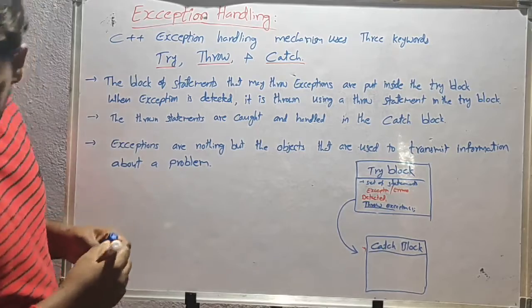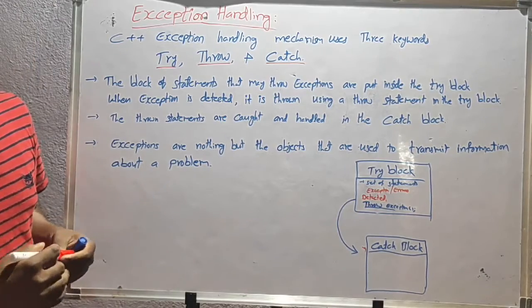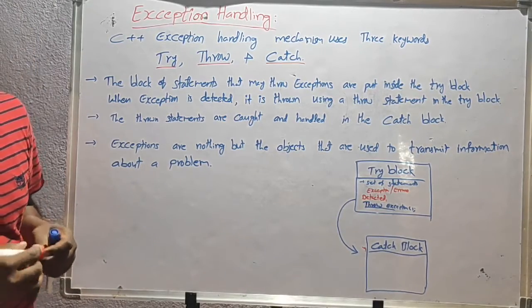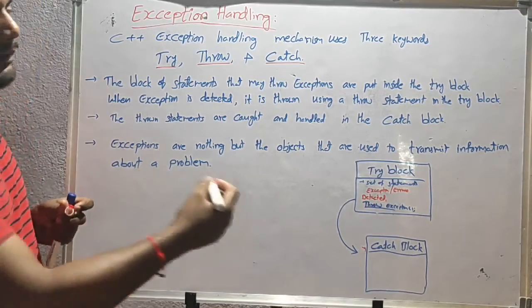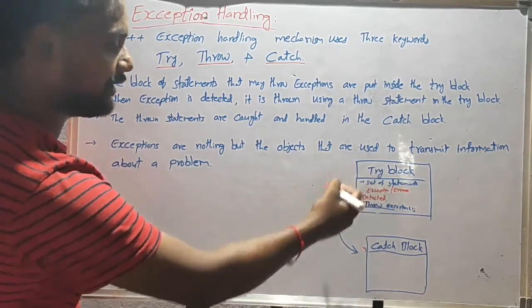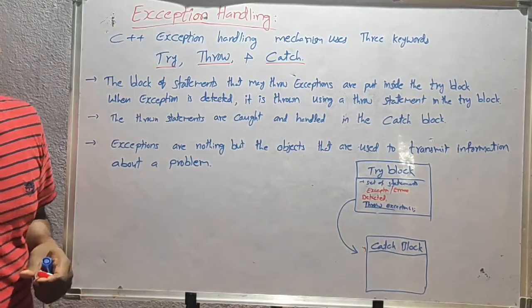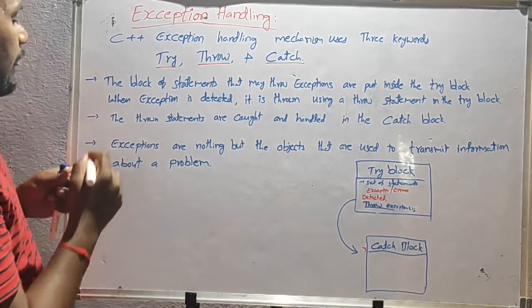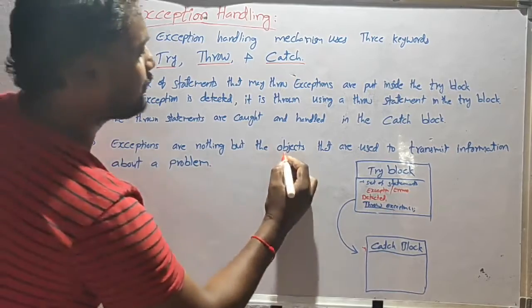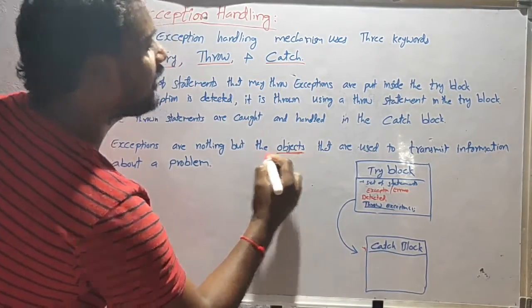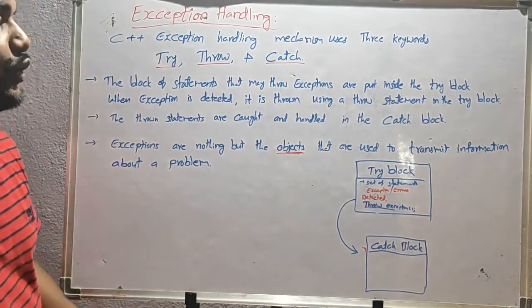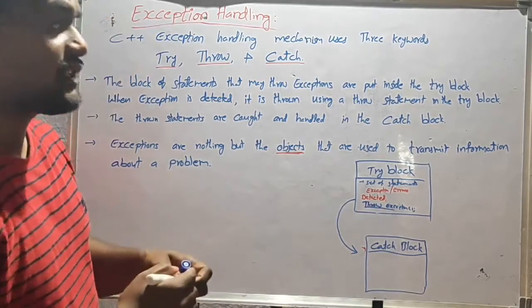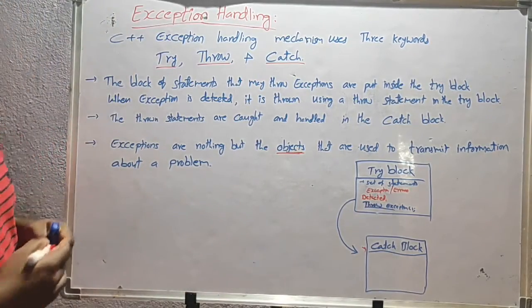When the try block throws an exception, the program control leaves the try block and moves to the catch block. Exceptions are nothing but objects that are used to transmit information about the problem.